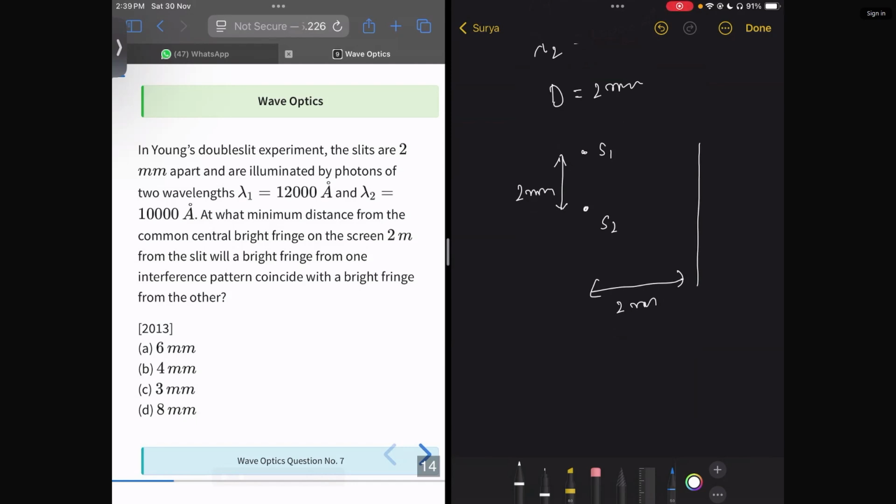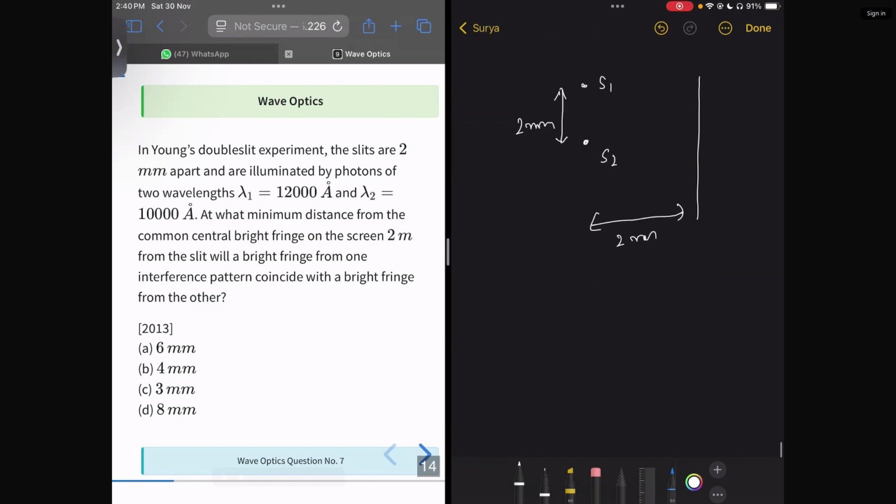They are asking at what minimum distance from the common central bright fringe the bright fringes coincide. In Young's double slit experiment, the condition for bright fringes to coincide is based on the least common multiple principle.